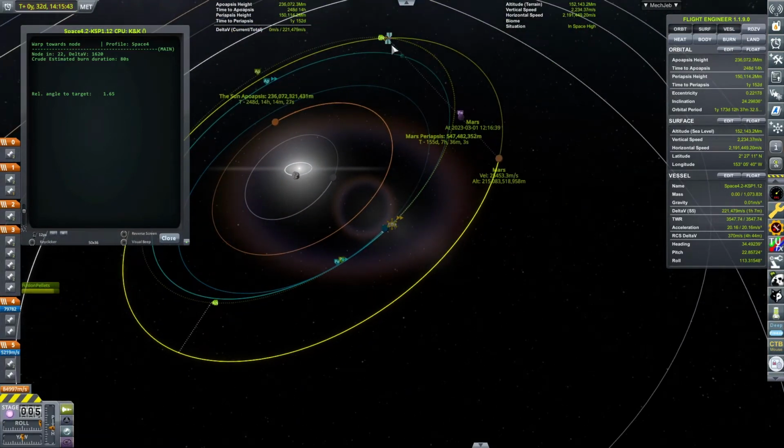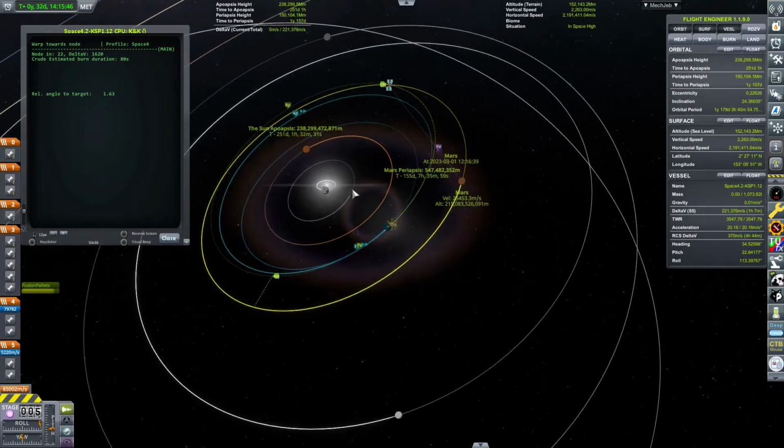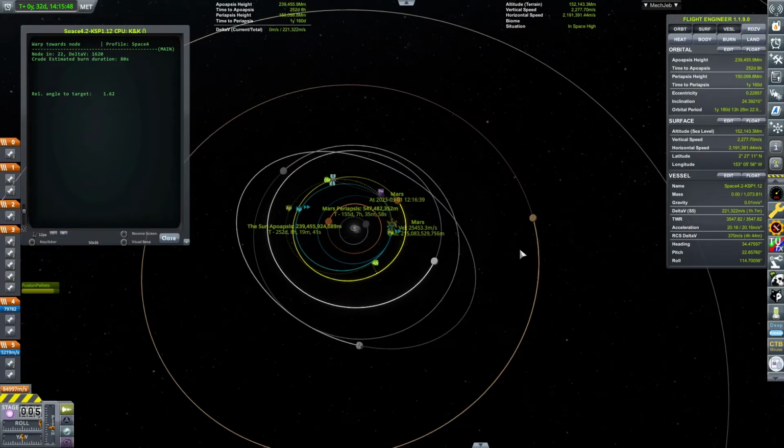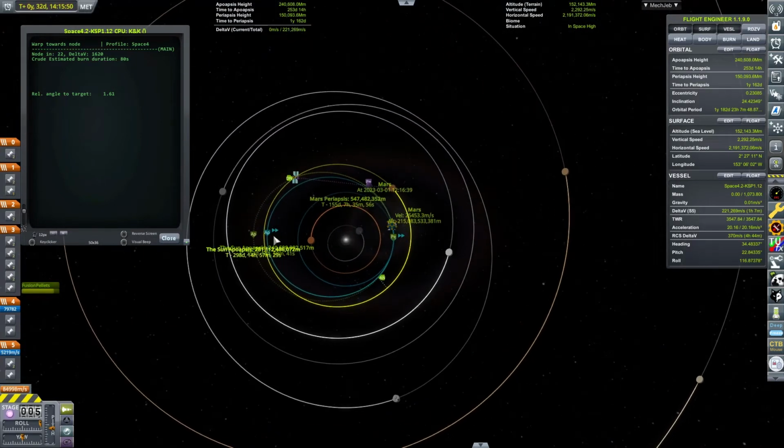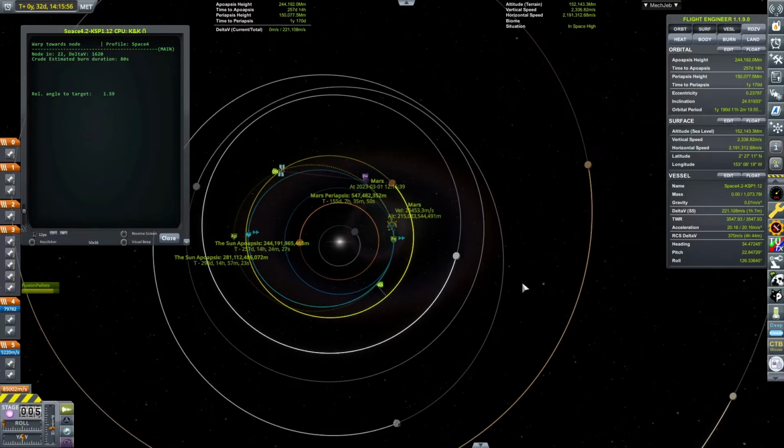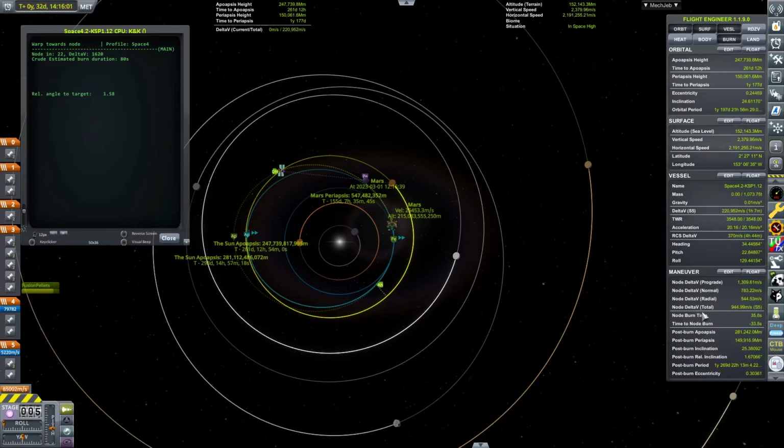Okay, visually, what we can see here is the current apoapsis and the desired apoapsis. So when these two values meet, we will be there. Another thing that we can do is to observe the delta V that is needed, or just check it here also because it's the same value.